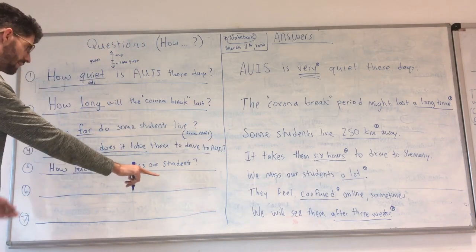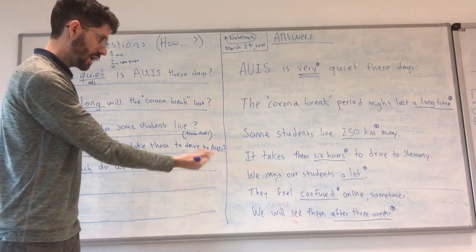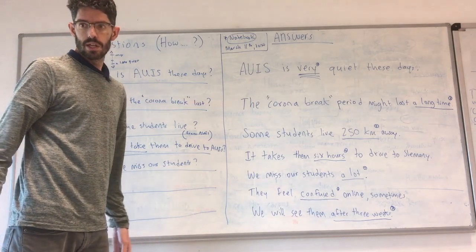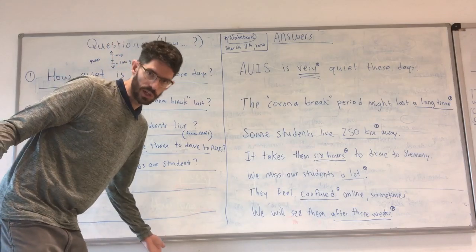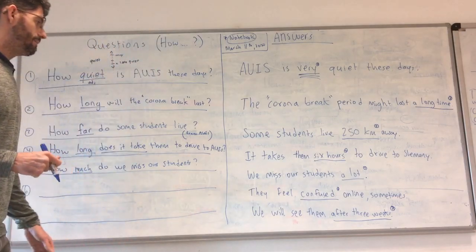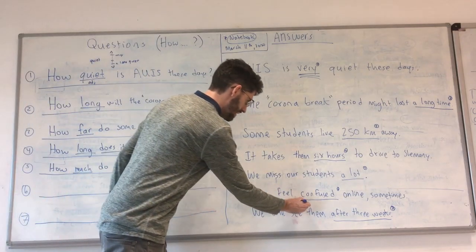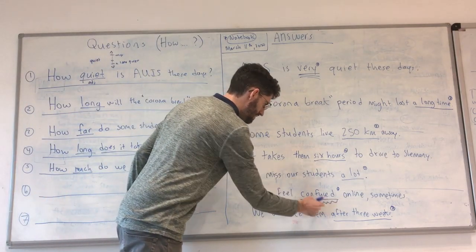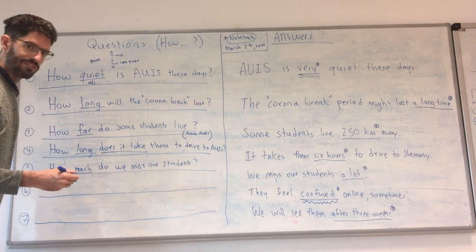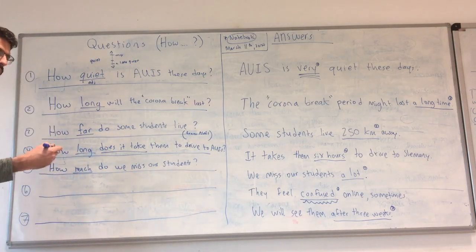All right. Number 6, they feel confused online sometimes, the students, and sometimes the teachers feel confused online. So what question can I ask? This is the key word, confused. It's a feeling, so you remember how with feelings?